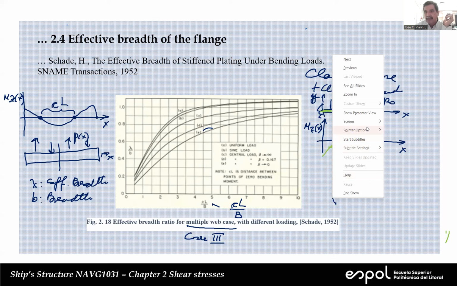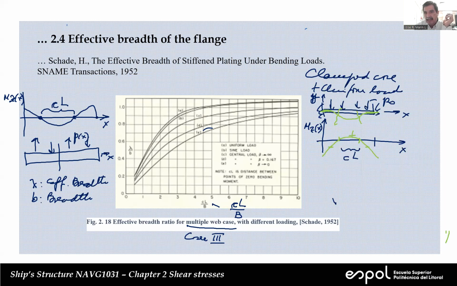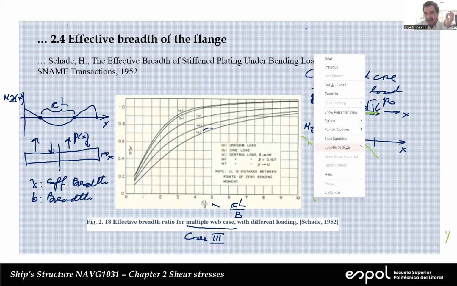Well, in that case, the recommendation is to take something like an imaginary double of the beam.